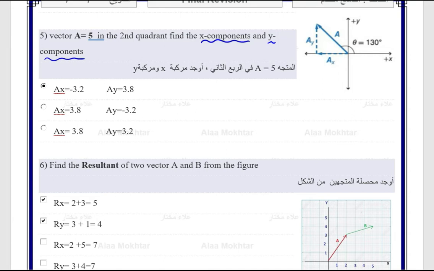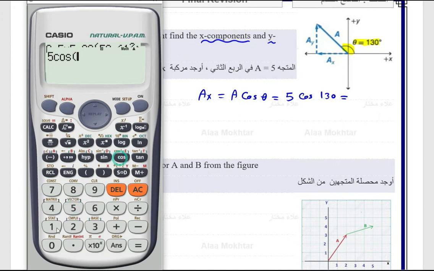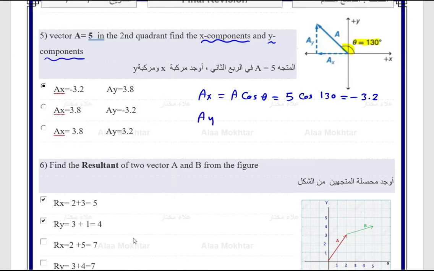The angle between vector A and the x-axis is 130, so we can write Ax equals A cosine theta, equal to 5 cosine 130. Using the calculator, 5 cosine 130 equals negative 3.2. What about Ay? Ay equals A sine theta, which is 5 sine 130.